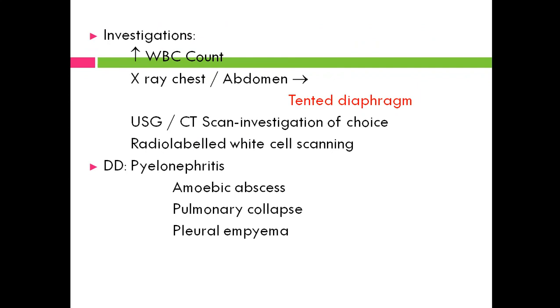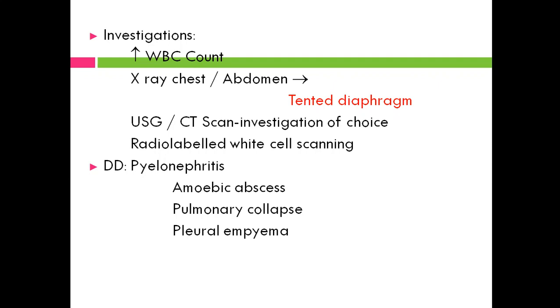Again, investigations, you see a raised total count, X-ray chest with upper abdomen, you see the diaphragm is tented or pushed up because of the collection. So investigation is always either an ultrasound or CT, or even radio labeled white cell scanning. Most importantly, you do an ultrasound.